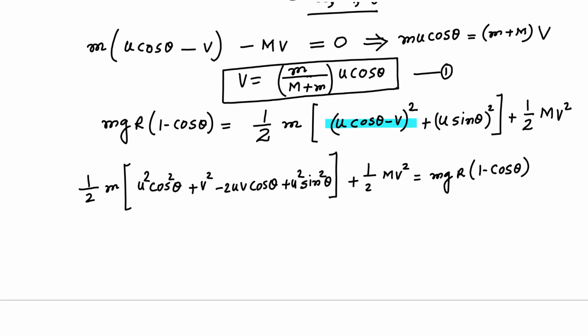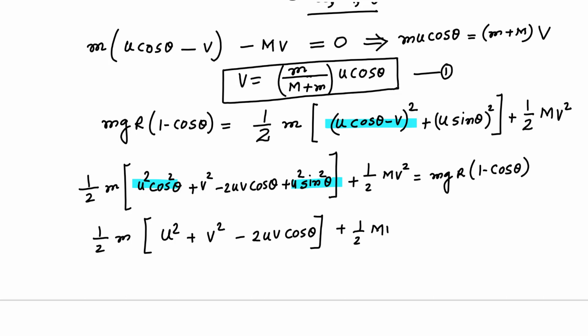Now let us further simplify. We will have half m times (u squared cos squared theta plus u squared sin squared theta), which is simply u squared, plus v squared minus 2uv cos theta, plus half M v squared is equal to mgr (1 minus cos theta).